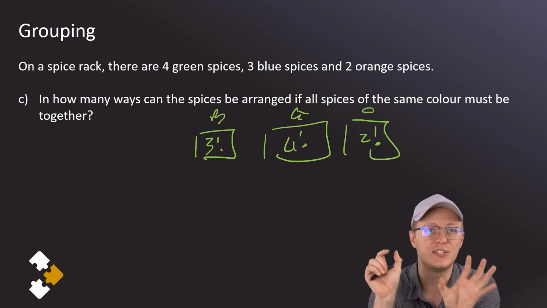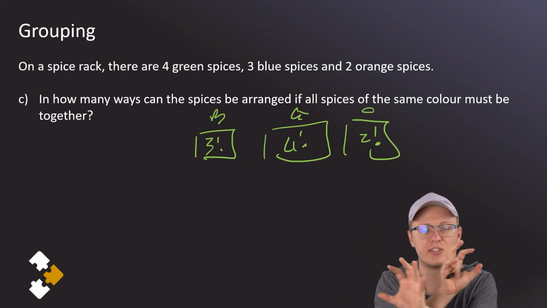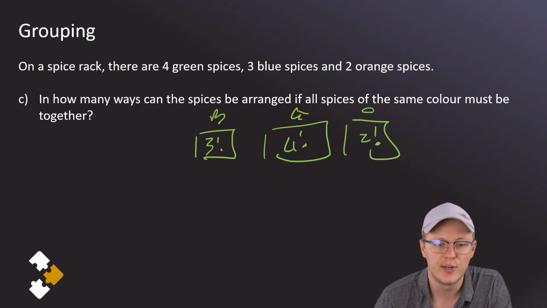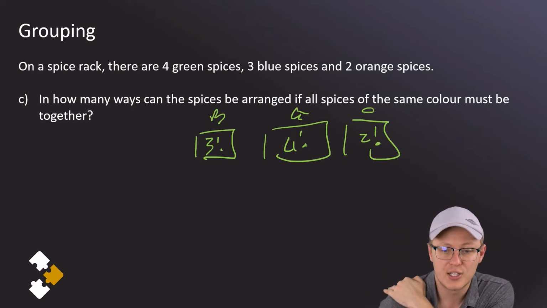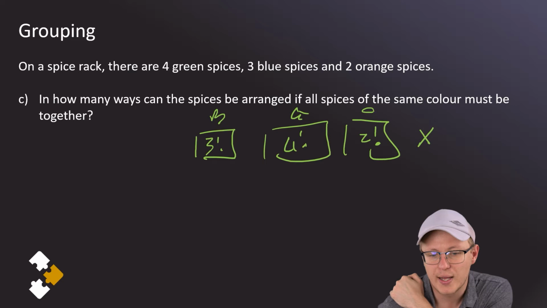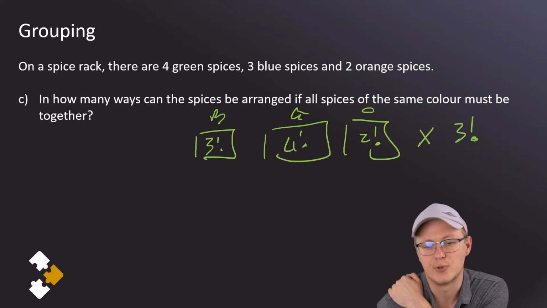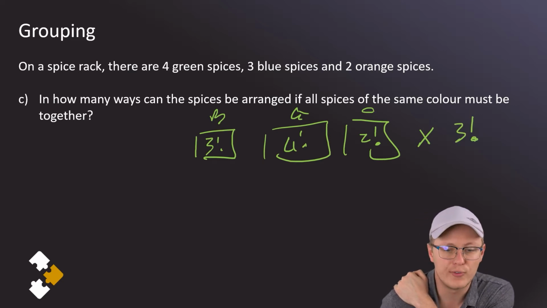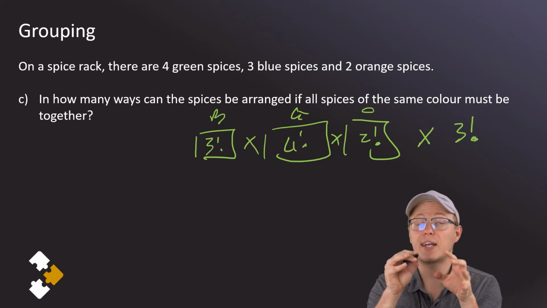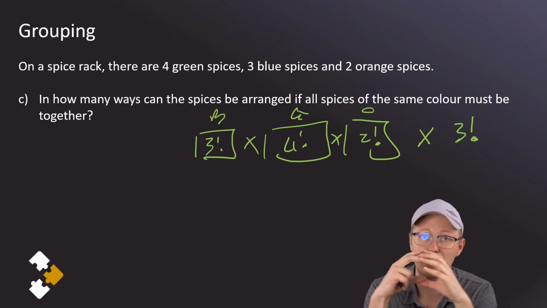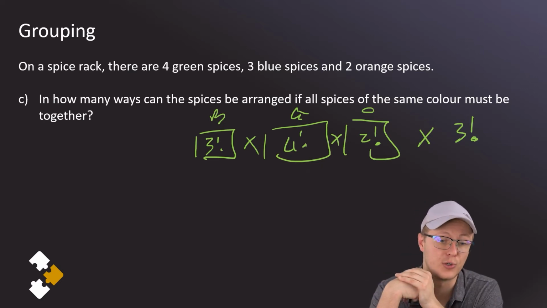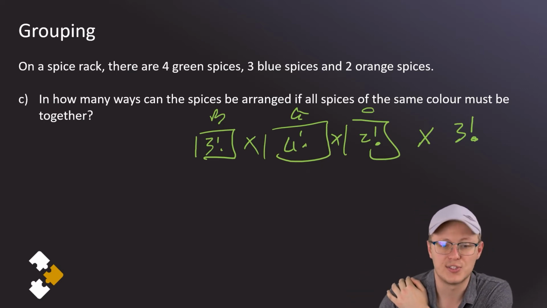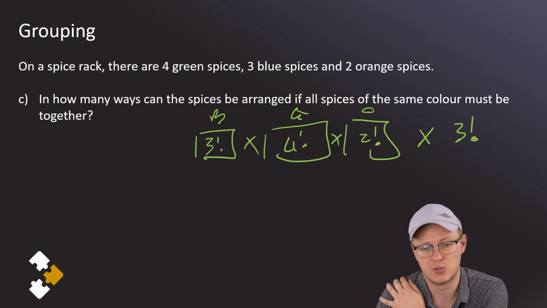So because these 3 groups themselves are now able to move, there's an additional 3 things that can be arranged, and we can then multiply by 3 factorial. So that 3 factorial that we're multiplying by, that represents the fact that the 3 groups can be arranged in 3 factorial different ways. And so the answer is now going to be 3 factorial times 4 factorial times 2 factorial times 3 factorial.